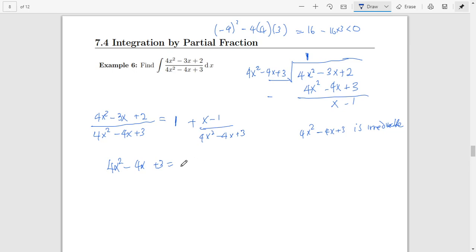I know that I can write this as 4x squared minus 4x plus 1 and then plus 2. I split my 3 into 1 plus 2. This thing here is the same thing as 2x minus 1 all squared.